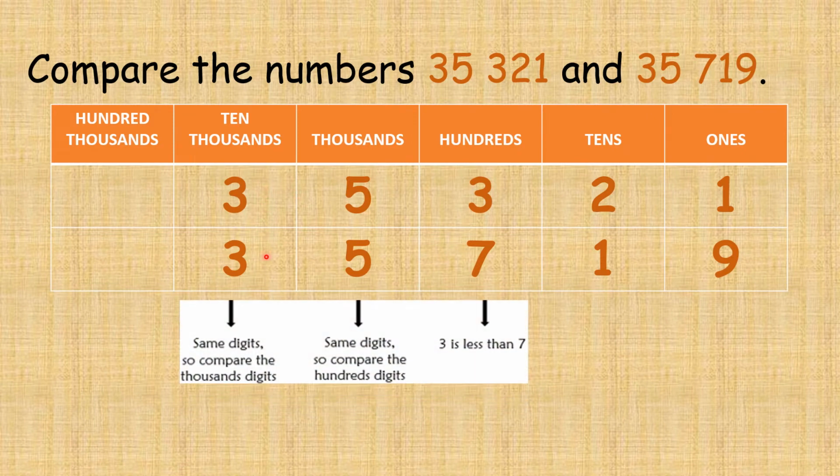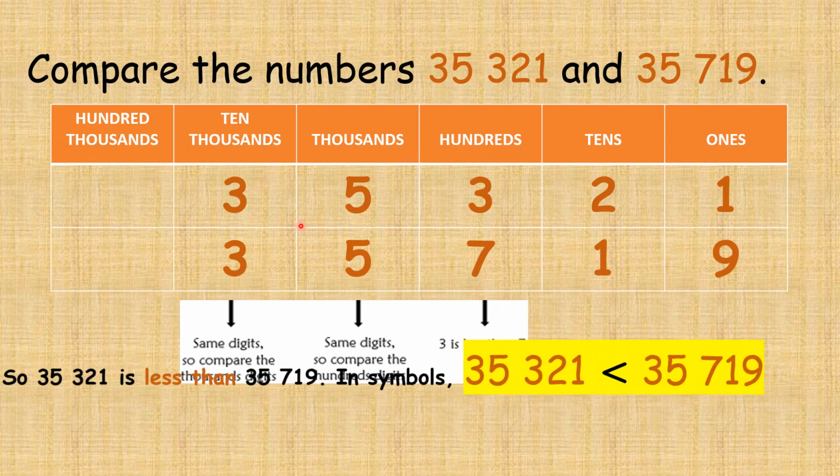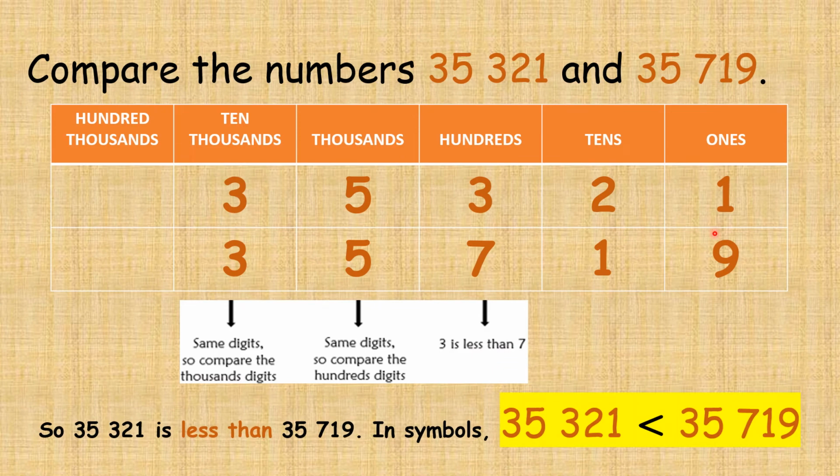Since digits here are the same, that means we will move on to the next place. As we can see, the digits are also the same. It means that we will move on to the next place on the right. In here, we can see that 3 is less than 7, which means that this number is less than the other number.